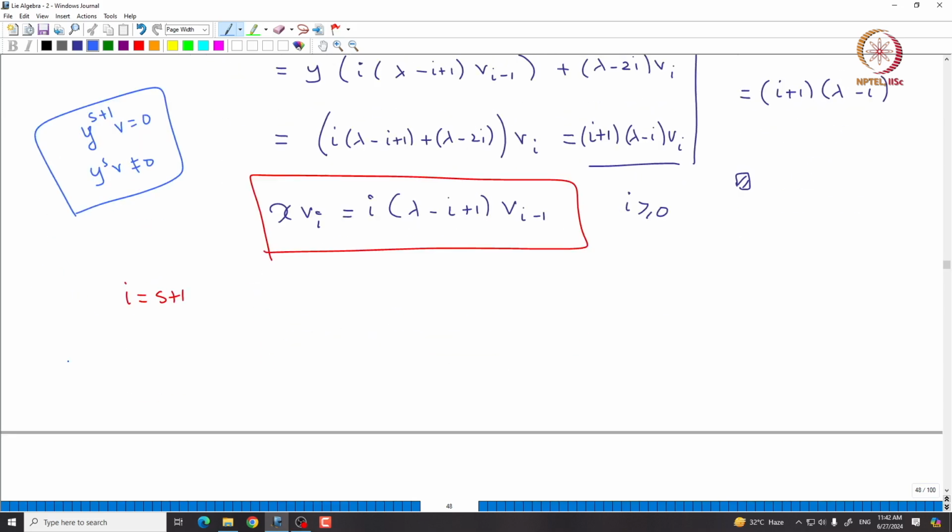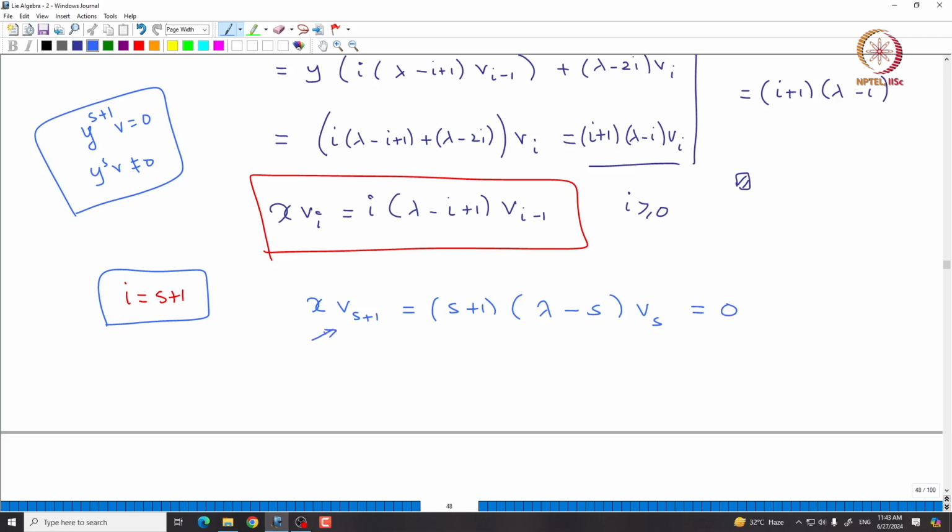So that means if I put i equal to s plus 1, we get x v s plus 1 equal to s plus 1 times lambda minus s v s. So this is going to be 0.